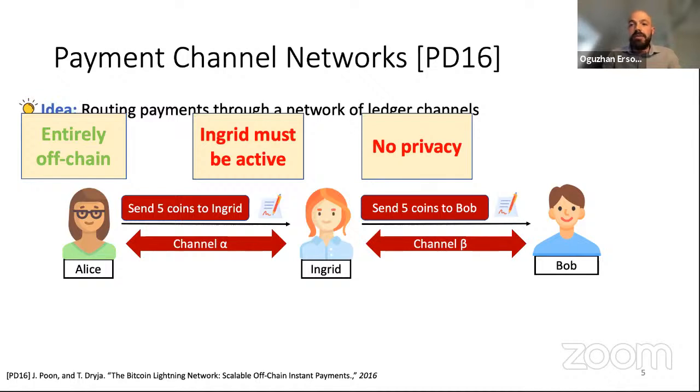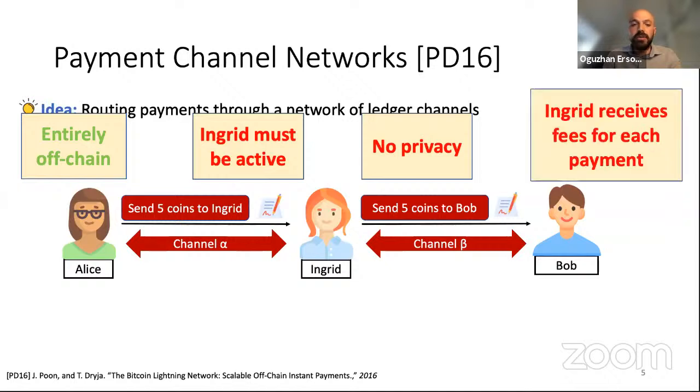Another drawback is that there's no privacy for the individual transactions between Alice and Bob. Since Ingrid is seeing all the transactions, she can know the amounts for each individual transaction. And lastly, because of the involvement of Ingrid, parties need to pay a fee to Ingrid for each transaction.